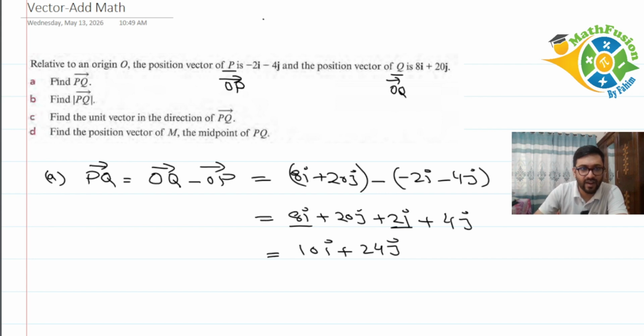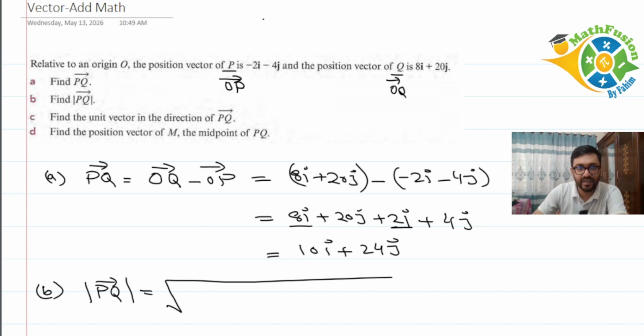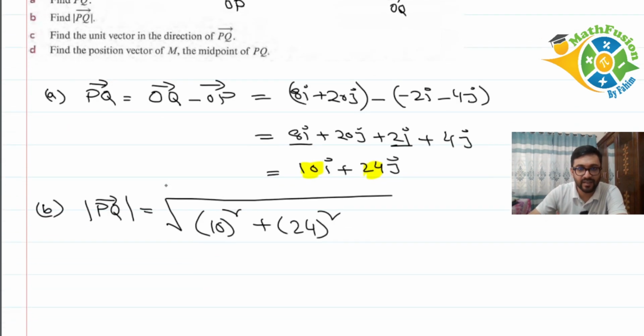Then they tell us to find the modulus of PQ, which is the magnitude. So the modulus of PQ: we need to take the coefficient of i and the coefficient of j, square and add them, and then take the square root of this.